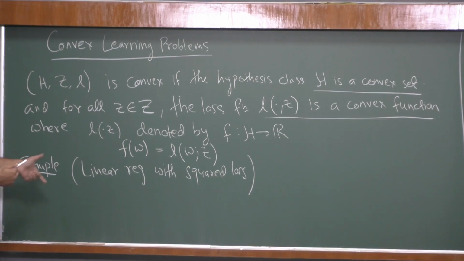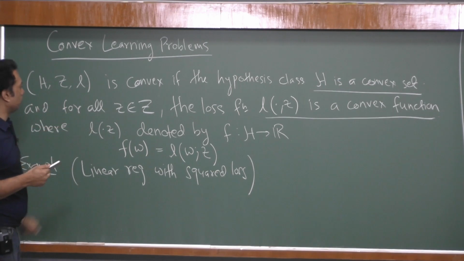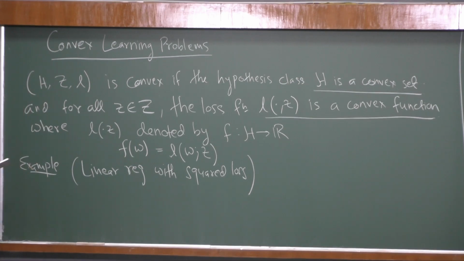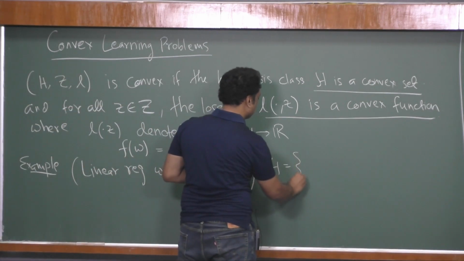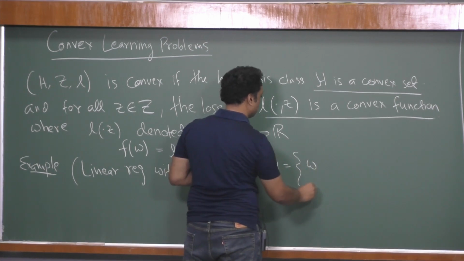because the hypothesis class is basically the set of all normals to the plane, and hence the set of all those vectors W, the hypothesis class, was characterized by the set of planes which are characterized by the normals.